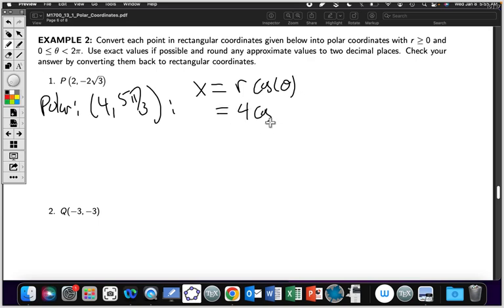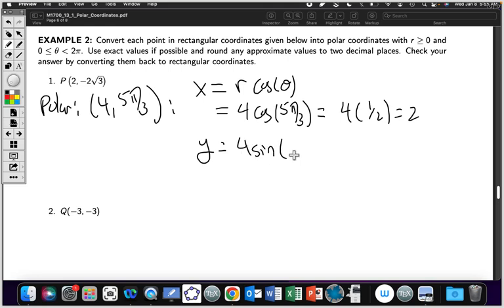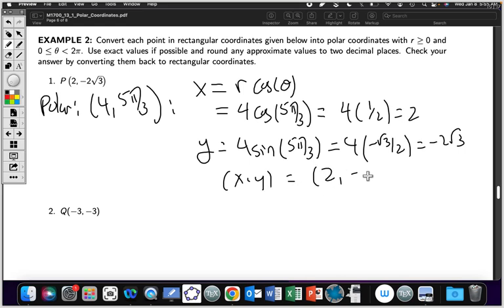So that would be 4 cosine 5 pi over 3. Cosine of 5 pi over 3 is a half. 4 times a half is 2. y is 4 sine 5 pi over 3. 4 times negative root 3 over 2, which is negative 2 square root of 3. And so, boom, we're right back to the point P that we're given.